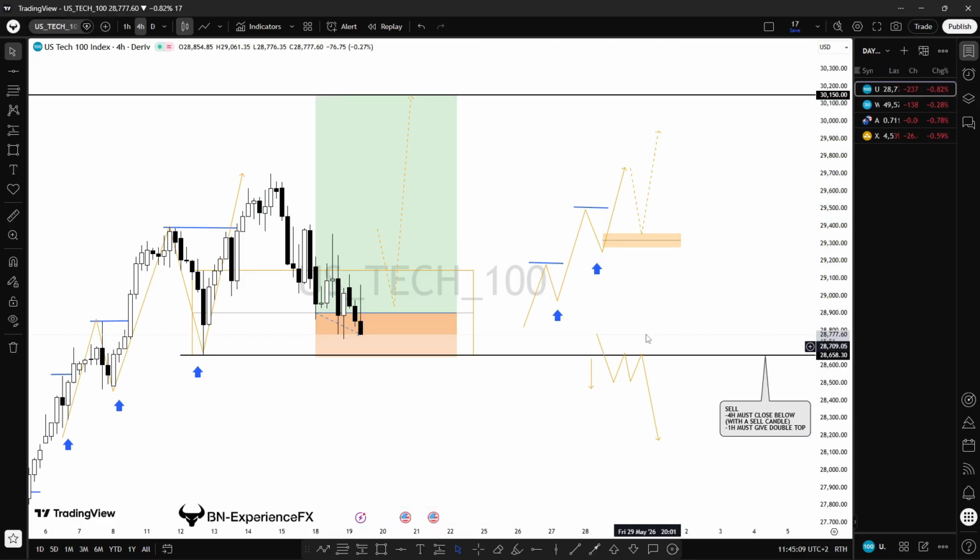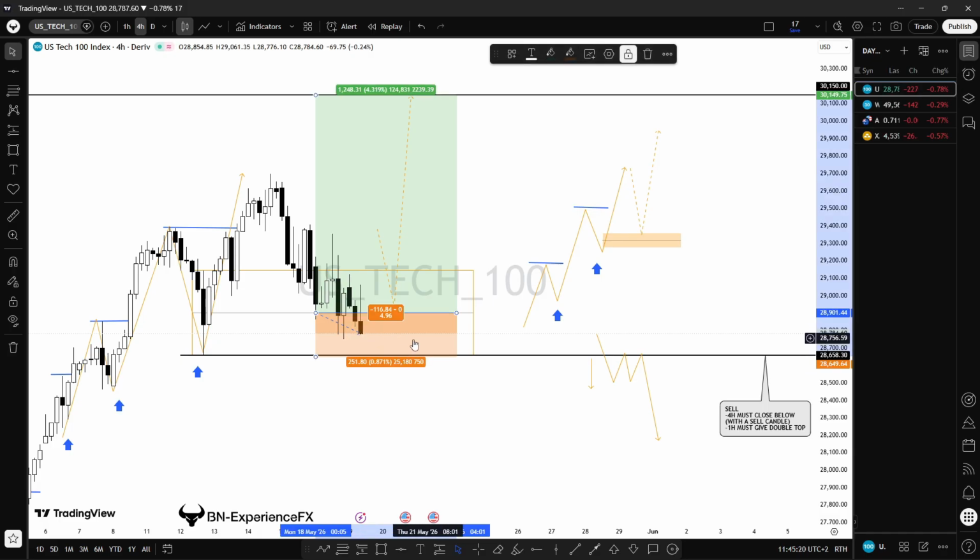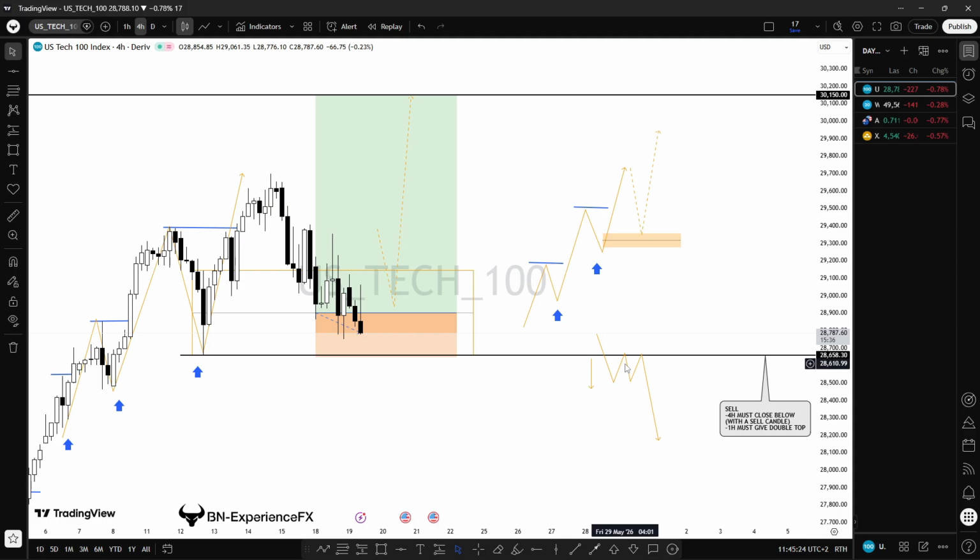Now I prepare for the other side in case the market breaks down below here, because it might. You understand? And if it breaks down below here, I don't want to be in this trade anymore, which is why I put the stop loss here. Cool. But when that happens, I'm preparing for the other thing.